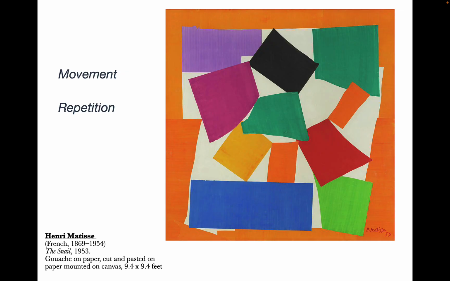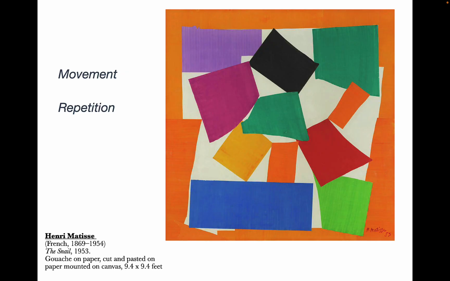Here's another example of movement and repetition, but really different, right? So I'm trying to show you a lot of different things. This is also more similar to what we'll be doing in our project with this gouache painted on paper and then cut and pasted. So we're going to make some cut paper compositions, and then you're going to do paintings of them in gouache.